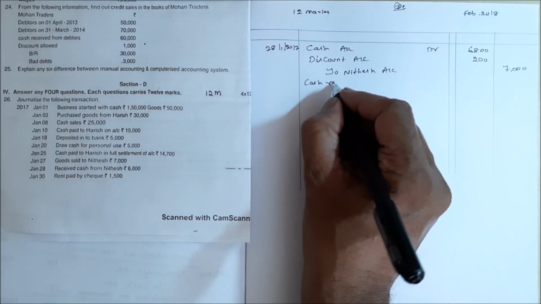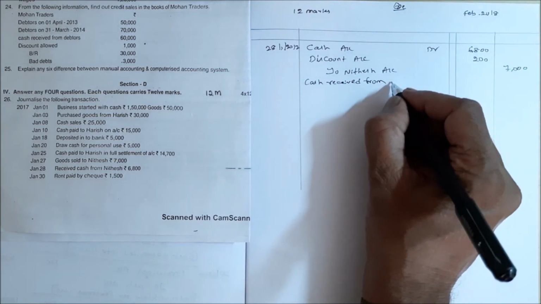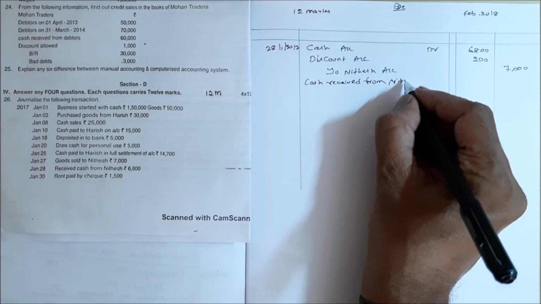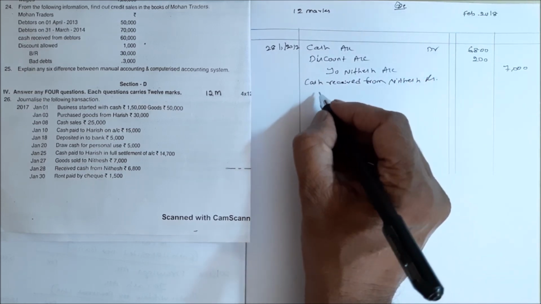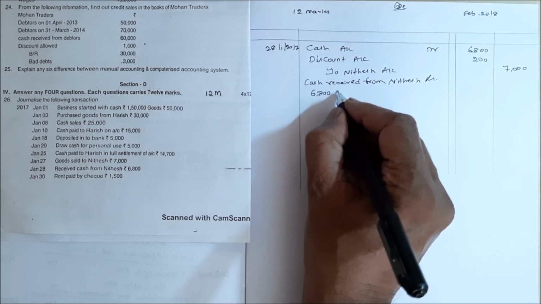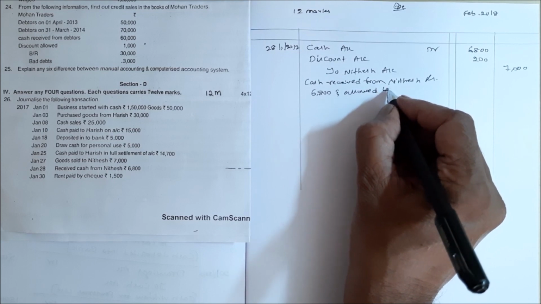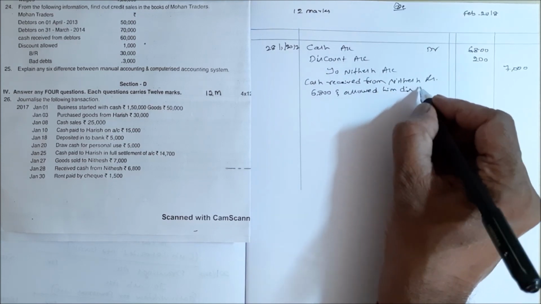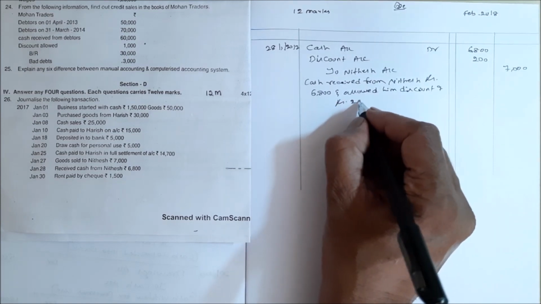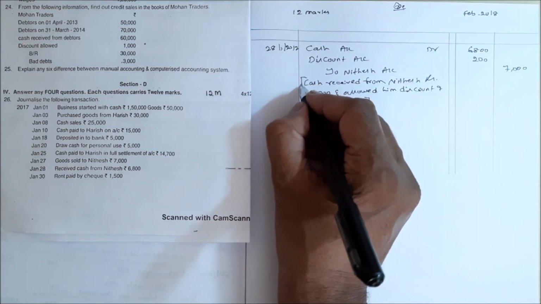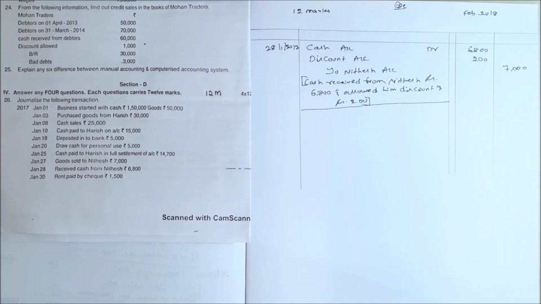Cash received from Nitesh rupees 6,800 and allowed him discount of rupees 200. Very simple.